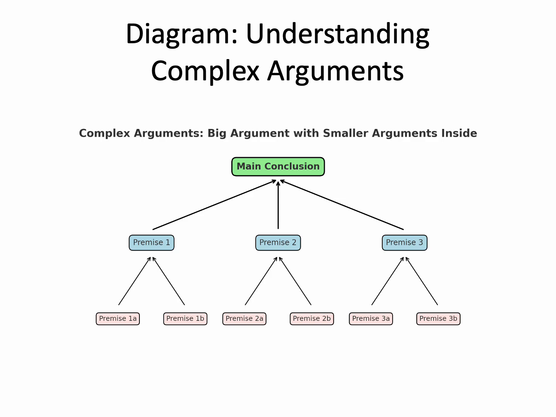Our next step is to treat each of the premises for the main argument as a conclusion for its own smaller argument or mini-argument. Below the blue boxes, we see arrows coming from those pinkish red boxes which contain the premises for the mini-arguments. I really like this style of argument diagram because it visually shows us how the premises support the conclusion.